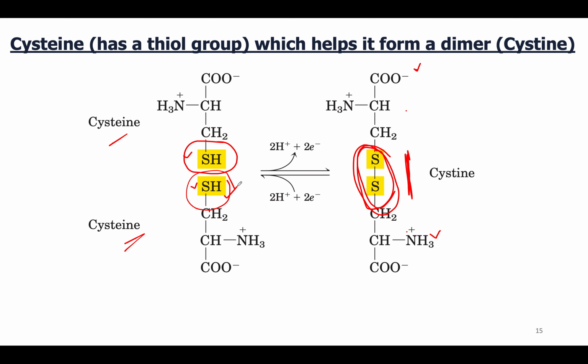What it will do is it will form a disulfide bond with another protein molecule with another cysteine. So there will be two proteins linked to each other in such a case. Which is the amino acid that has a thiol group? The answer to this is cysteine.